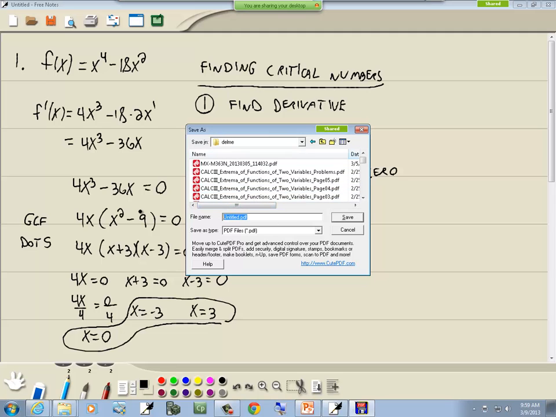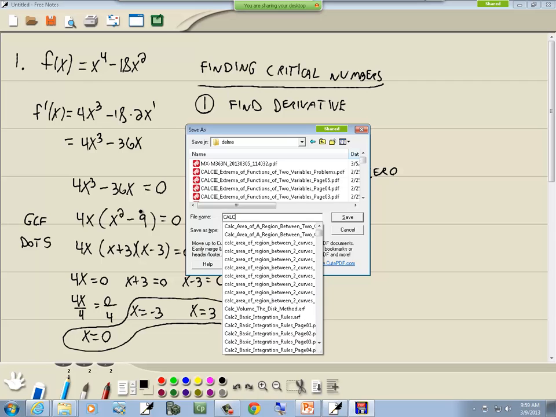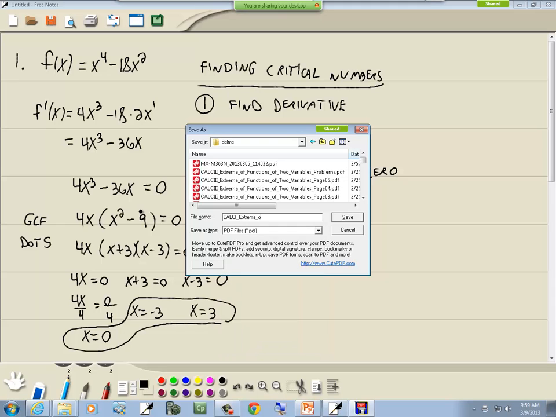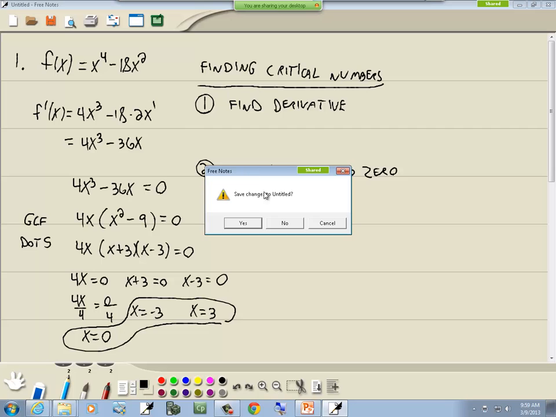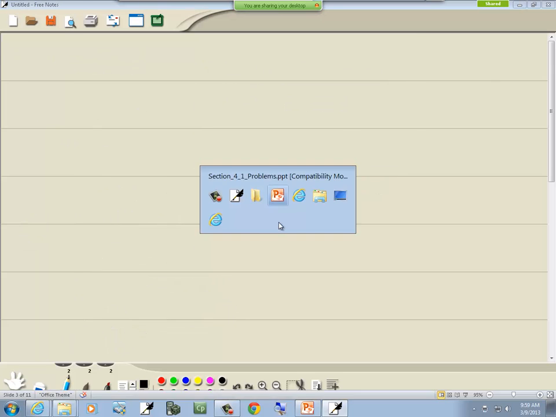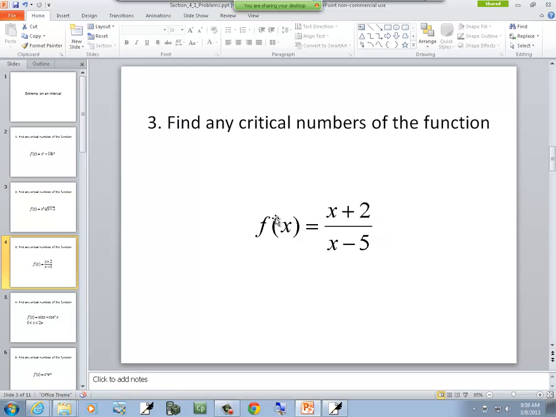Calc 1 Extrema on an interval, page 01.pdf. There we go. And let's go down to our next problem.